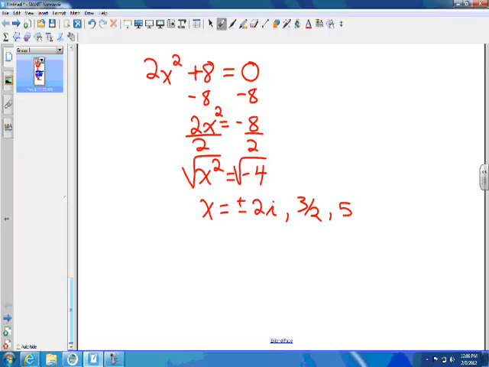If we would have done quadratic formula right here, would it have ended up telling us plus or minus 2i? Yeah, absolutely. So either way you do that, if you want to just get in your head, I'm going to do quadratic formula every single time, it's not a bad idea. But some of you that can recognize that's easy to solve, that would be the method you should do.